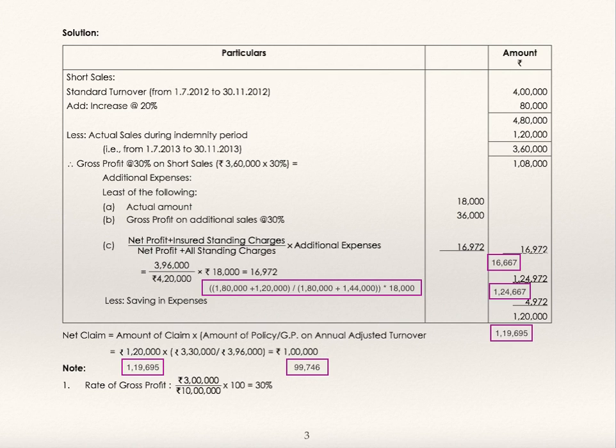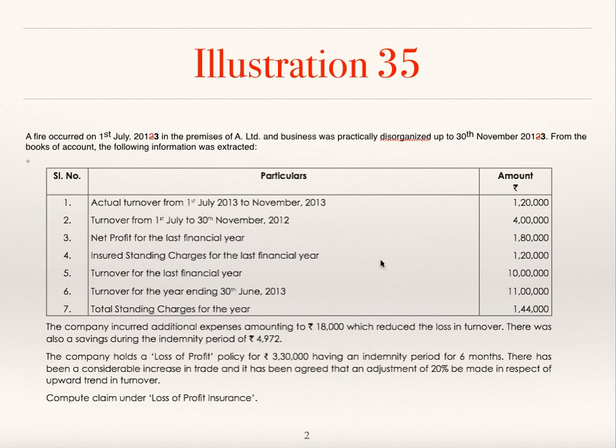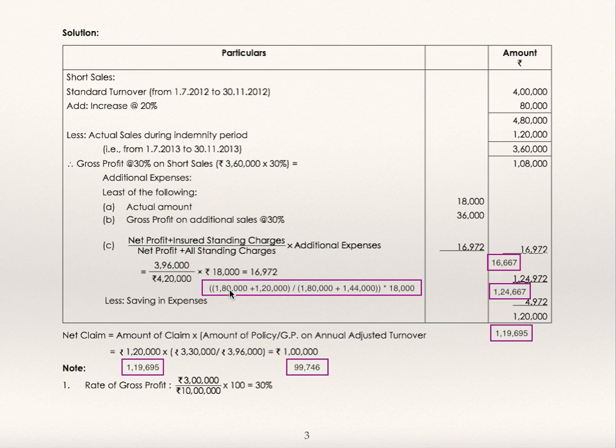Correct figures are this. We'll just go back and see. Net profit plus insured standing charges divided by net profit plus all standing charges, insured plus uninsured. So 1,80,000 plus 1,20,000 divided by 1,80,000 plus 1,44,000 multiplied by 18,000. This is the correct answer, and the other answer is not correct.